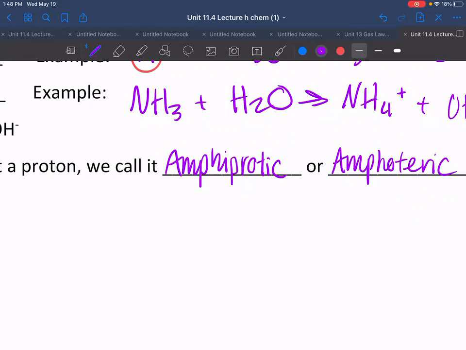So what we're going to do in this next portion is identify: is this substance an acid, so it donates protons; a base, it can accept a proton; or amphiprotic, it could do both.